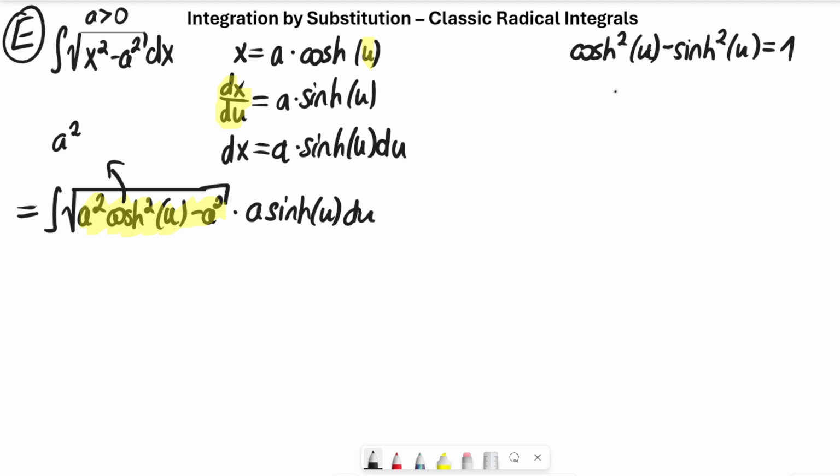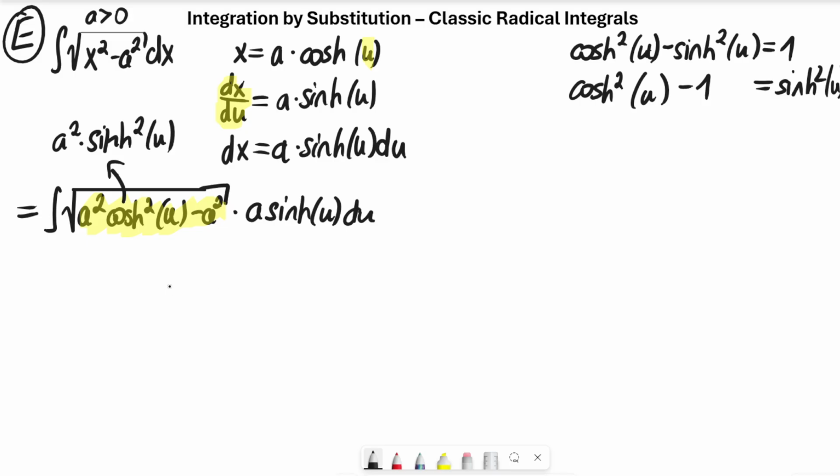We have here inside the hyperbolic cosine squared. And if you subtract the one from the right side to the left side, the hyperbolic sine you write on the right side here. So you can use this here. So it's a squared times hyperbolic cosine squared minus 1, which is hyperbolic sine squared u.